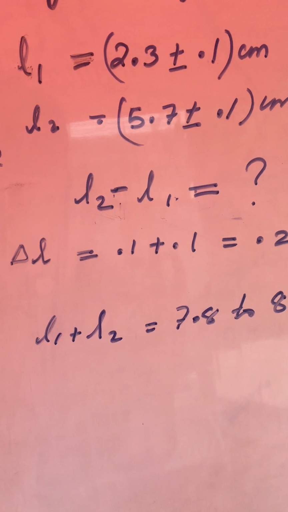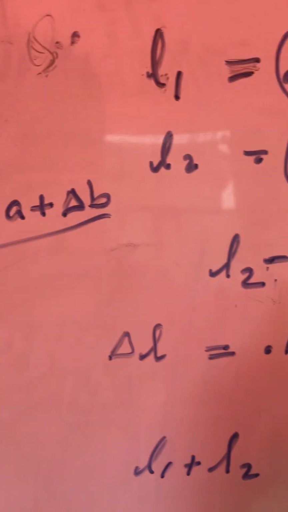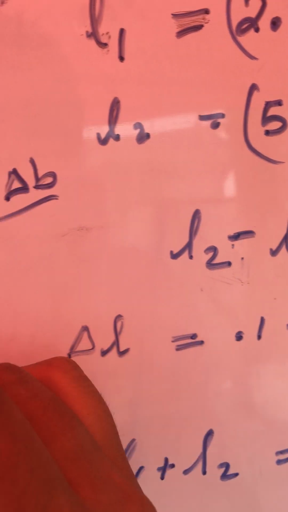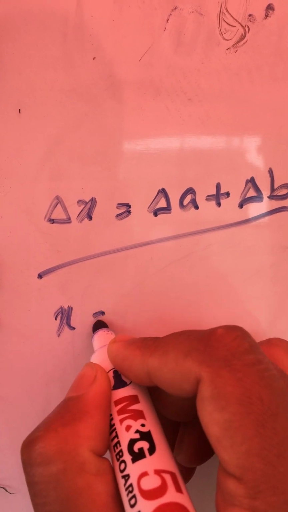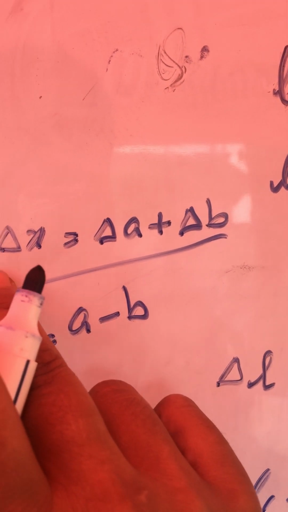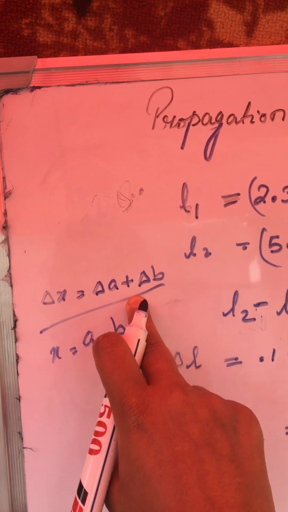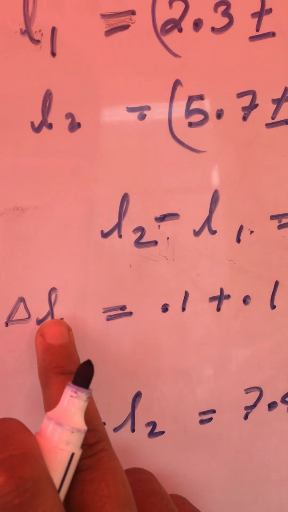You need to treat the error separately. If the operation involves minus, like if x equals a minus b, then delta x is still a plus b, right? Yes or no?